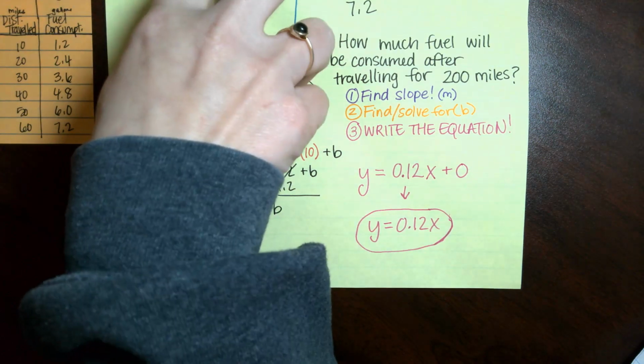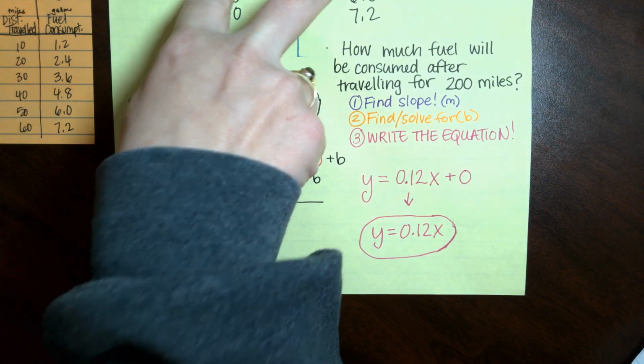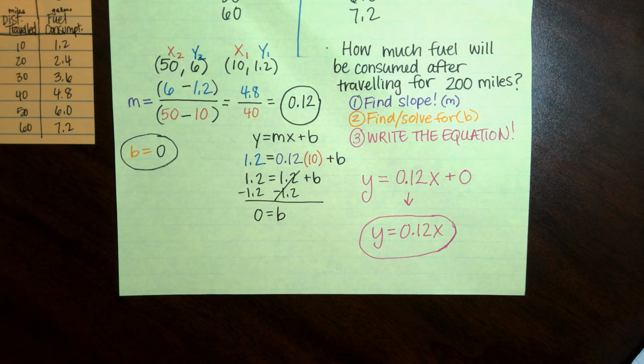In general? Do you mean why b is assumed to be 0 when the slope is 1? No, when 0 is our b, we don't write it. When the slope is 1, we don't write it. Yes.